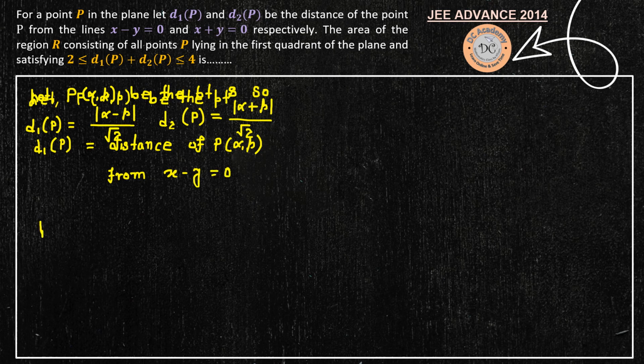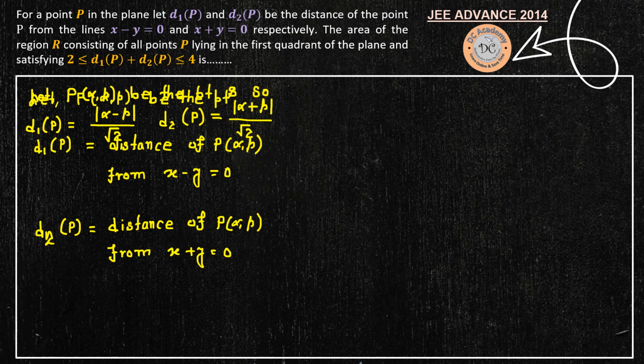And it is given that D2P is actually the distance of the point P(alpha, beta) from the straight line x plus y equal to 0.